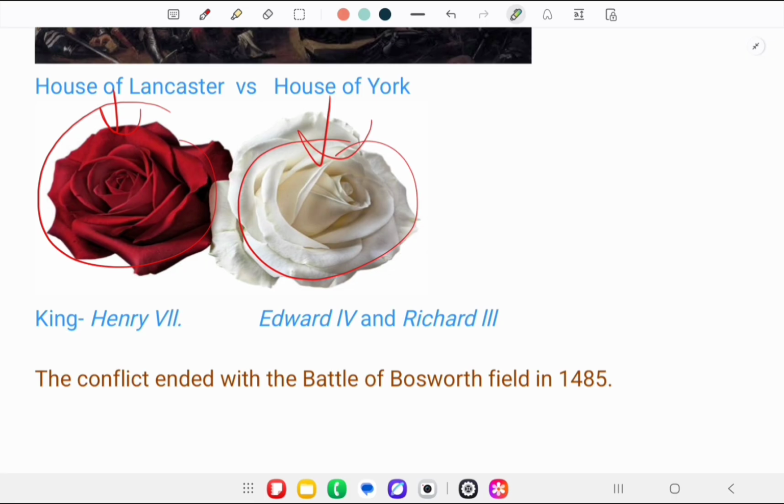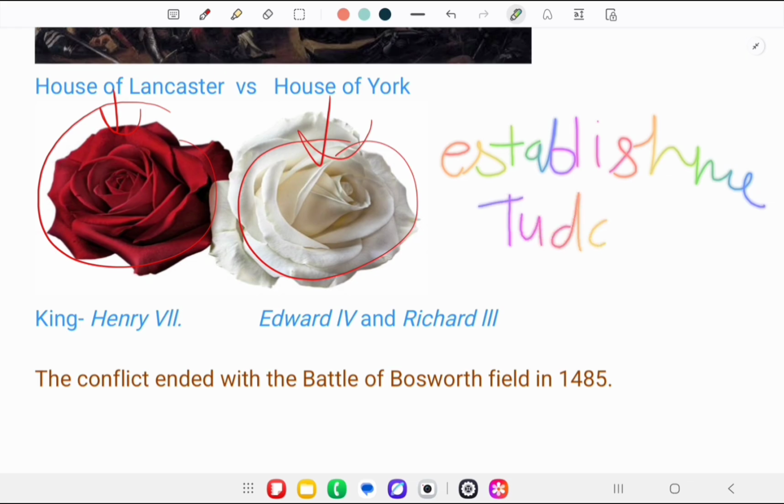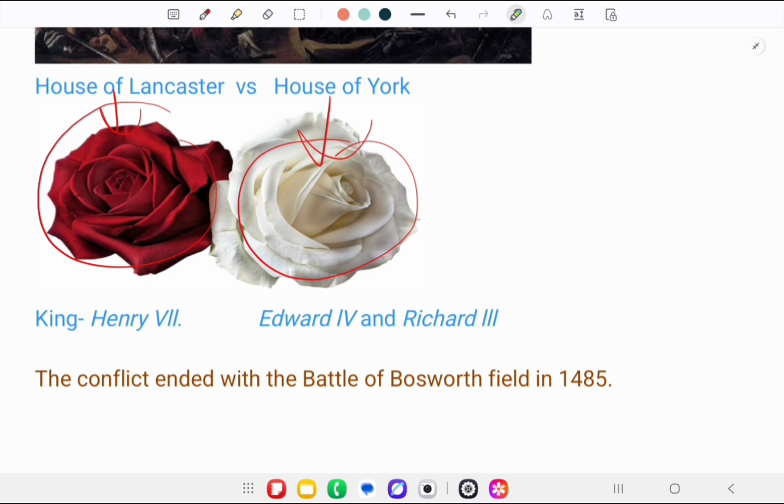This victory led to the establishment of the Tudor dynasty and marked the end of the War of the Roses. A new era of stability under the rule of Henry VII was positioned.